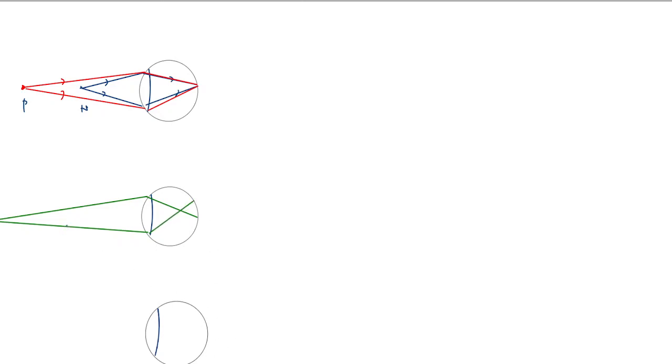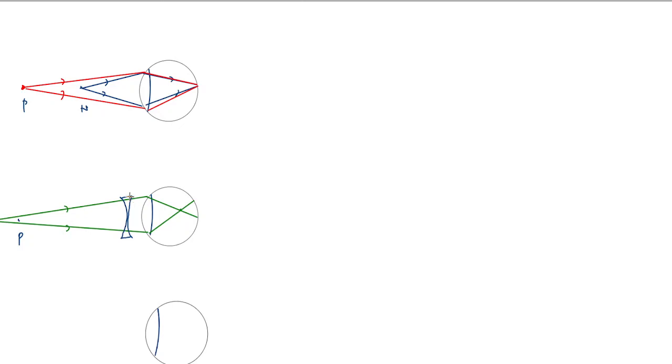So these cannot be seen. Now what we need here is a lens to push these light rays backwards. So we use a concave lens because a concave lens is a diverging lens. Now keep in mind how it works. The person can see up to point P.